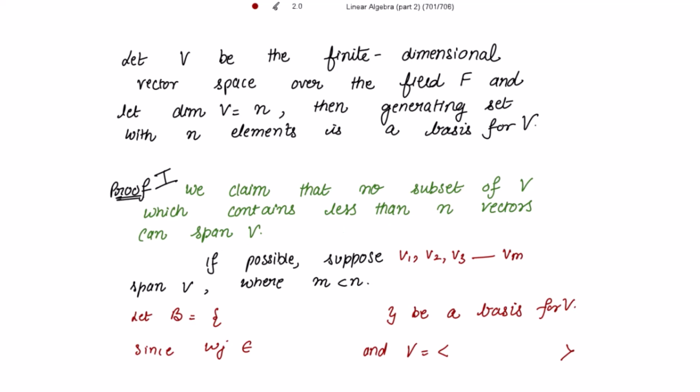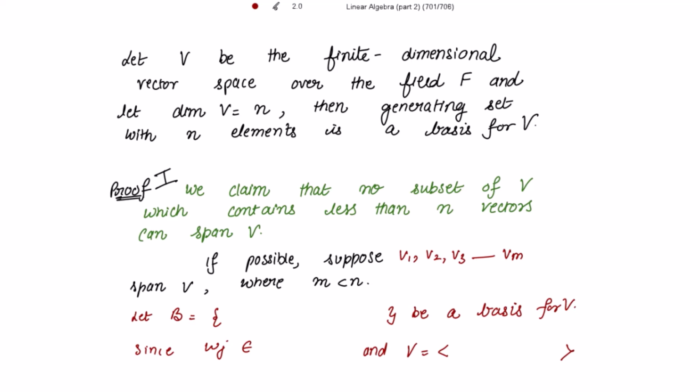Let's suppose that m vectors are spanning V, where m is less than n. Suppose the vectors fewer than n span V. So I will reach a contradiction, okay?